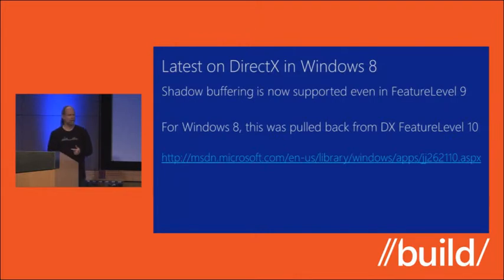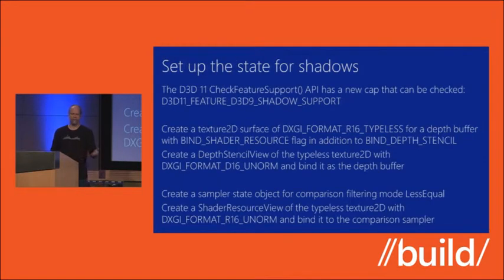Okay, this is another little tidbit I wanted to point out, which is we actually have a solution for shadow buffers that's available now in DirectX 9. We pulled the functionality back from DX10 onto DX9 as part of Windows 8. And so there's a full article on MSDN on how to support that. We've written a couple apps that have demos that show how to do nice shadows, even on something like a Surface, or another very lightweight tablet or a phone.